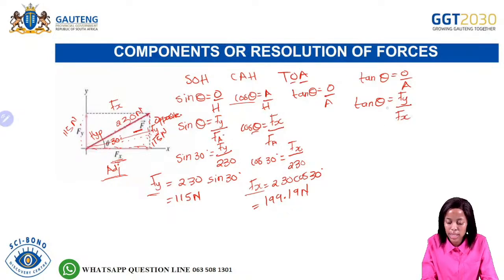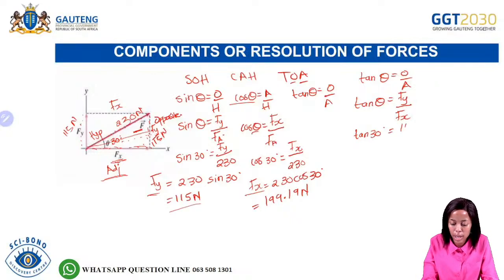Okay, so let's just say on this one, we already know the angle is 30 degrees. And then let's say on this one, we know our Fy, so maybe we can use this one, 115, and then we need to calculate the Fx.